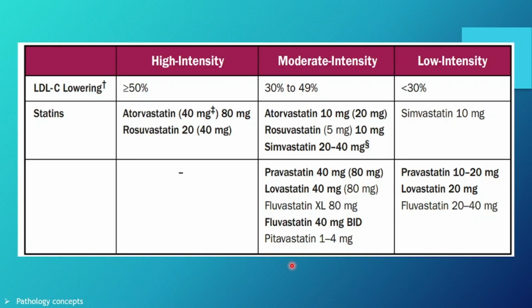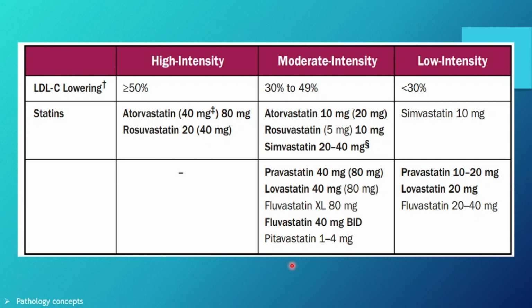So what we have discussed about high intensity, moderate intensity and low intensity statins, now we learn what they are. In high intensity, LDL lowering is more than or equal to 50%, and they are atorvastatin 40 or 80 mg and rosuvastatin 20 or 40 mg.